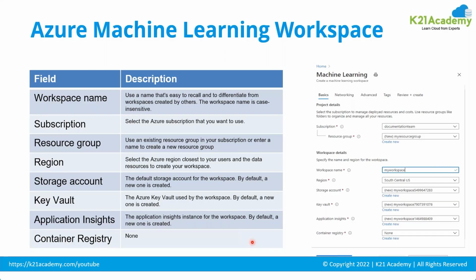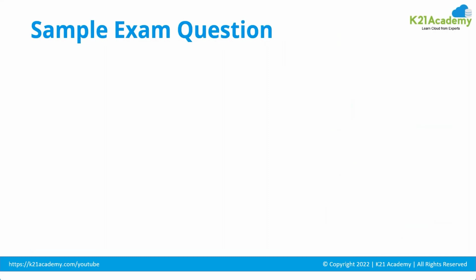So who is consuming, which capability of our application is most widely used, things like that. You want to know the insight into the usage of your application, okay? So to enable that, you have Application Insights, that is something that gets created automatically as part of your workspace, okay? So let's take a sample question.